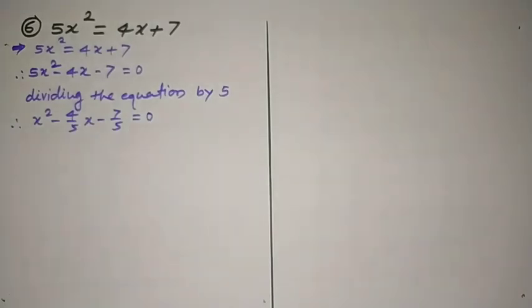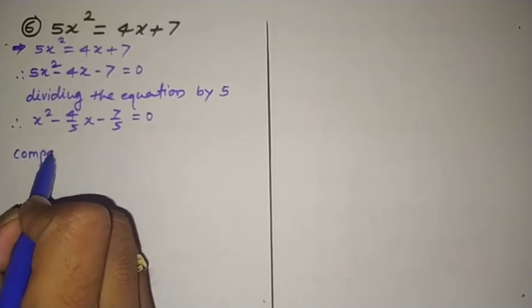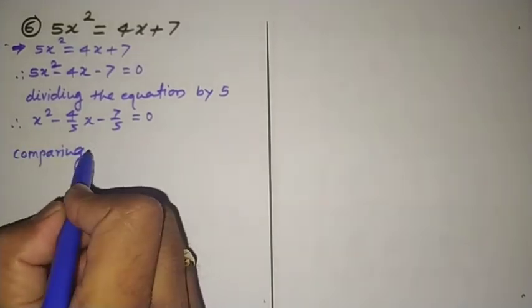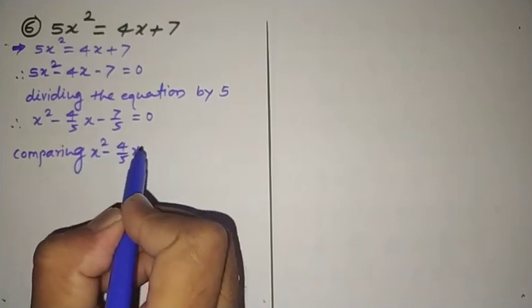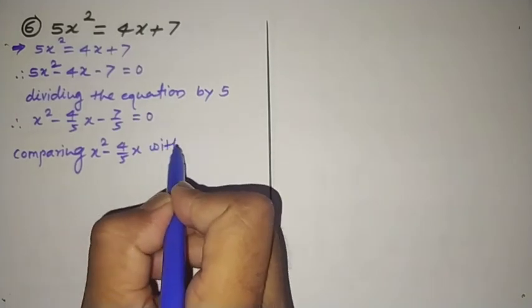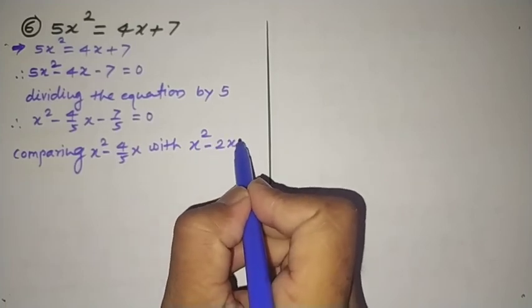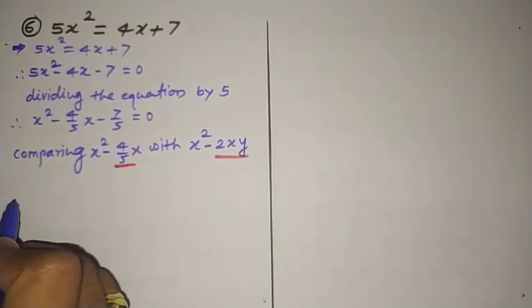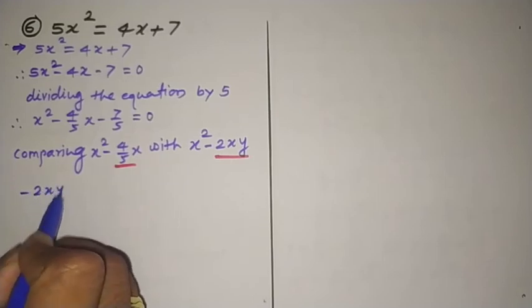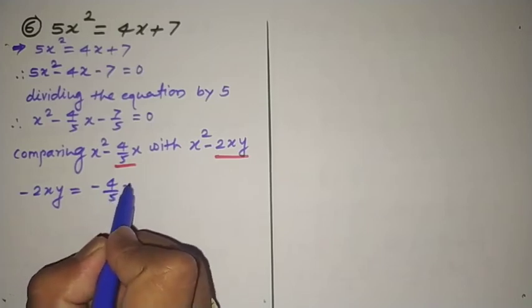Comparing two terms of left hand side, x square minus 4 upon 5x with x square minus 2xy. Then compare these two terms. Minus 2xy is equal to minus 4 upon 5x.